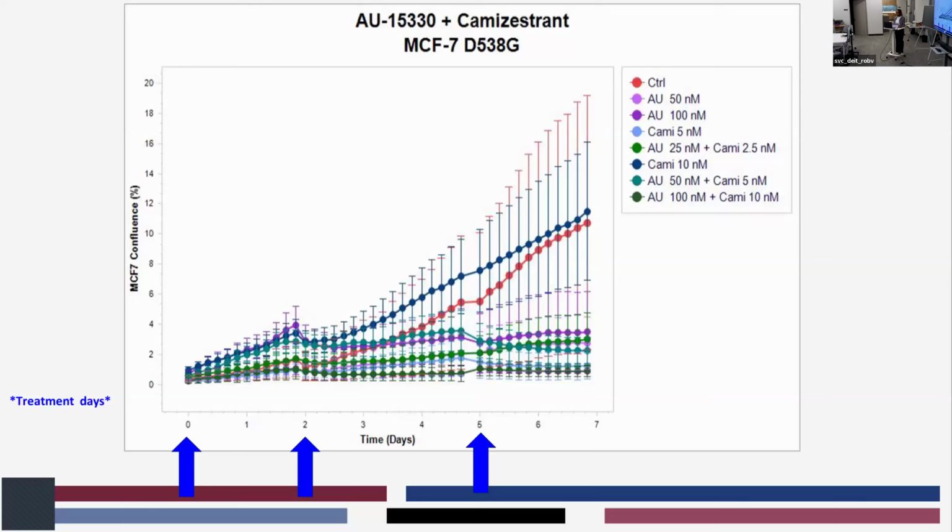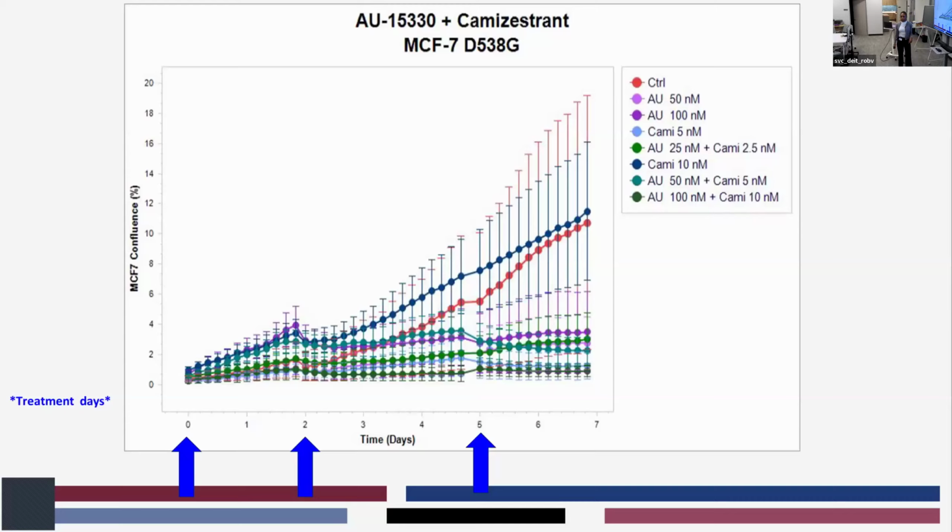If you look at these combinations, what would you say would be the doses that you would choose to go forward? I would say what keeps our confluency down the most is the 100 nanomolar concentration, obviously, and then this one, that's 2.5.